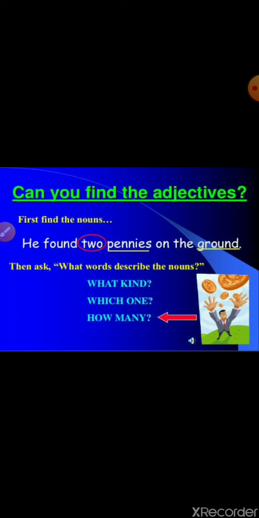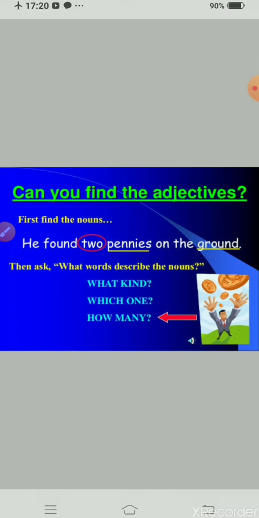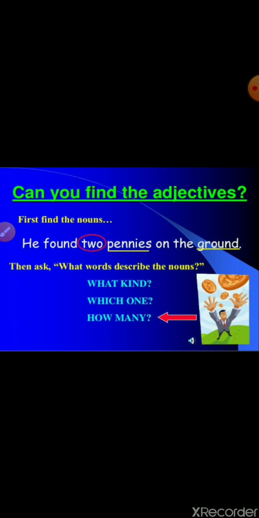Then ask what words describe the noun. Pennies is a noun here, ground is also a noun. So what kind, which one, how many? The question being raised here is how many. So how many pennies did he get on the ground?